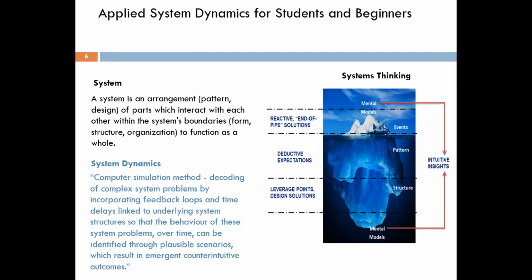And only when we start analyzing these patterns and trying to understand them, do we end up getting one step closer to the underlying structure of the iceberg. And only when we understand the underlying structure can we design solutions, because only then would we be able to address the root cause of a problem and identify leverage points in the system to effect change.